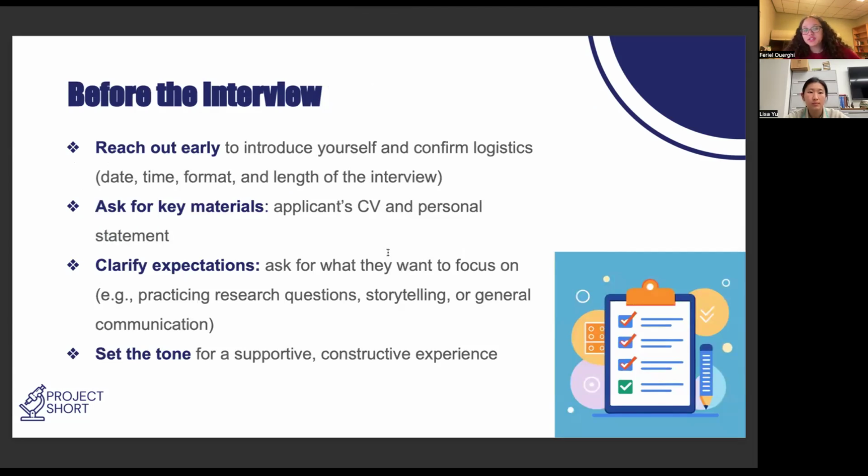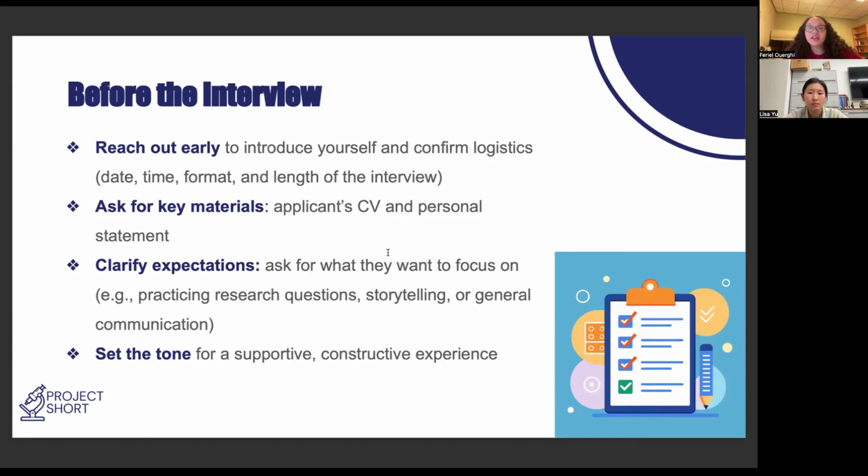I would say the first thing to do is to reach out early in order to introduce yourself and confirm logistics, including date, time, format, and length of the interview. This really depends on the field that you're in and the school that the applicant is applying to. Every program does things a little differently, so you want to get a better gist of what they are expecting their interviews to look like.